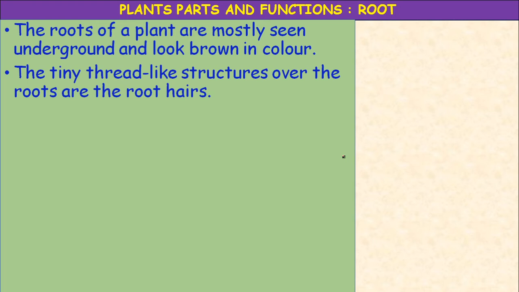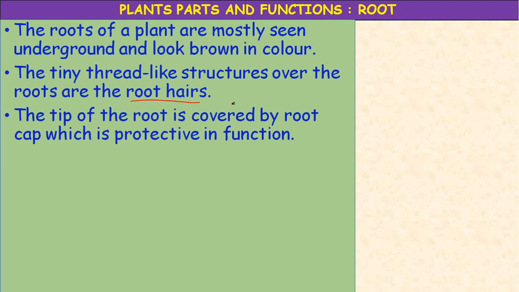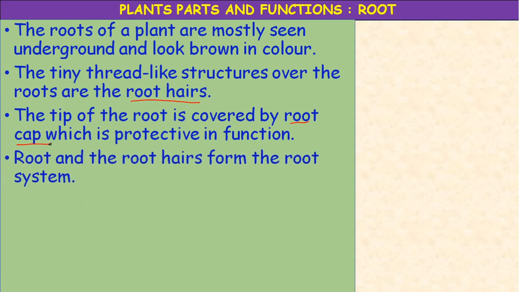The tiny thread-like structures attached to the roots are called root hairs. The tip of the root is covered by the root cap. It is protective in function. The root cap protects the root.